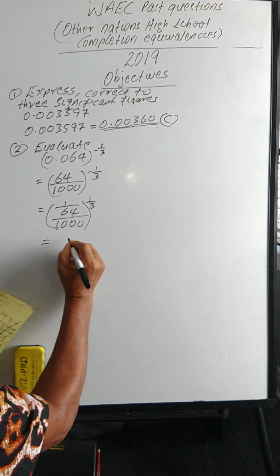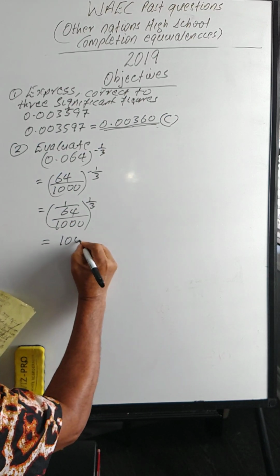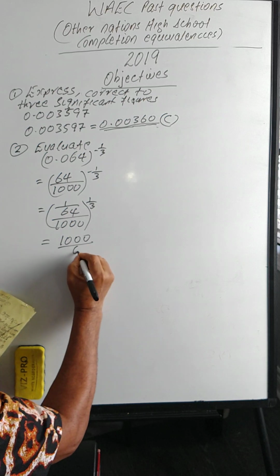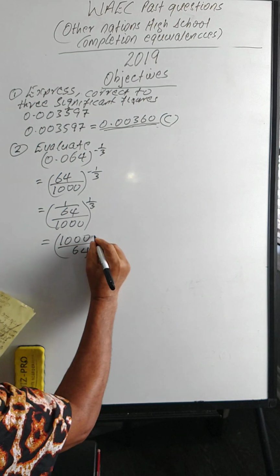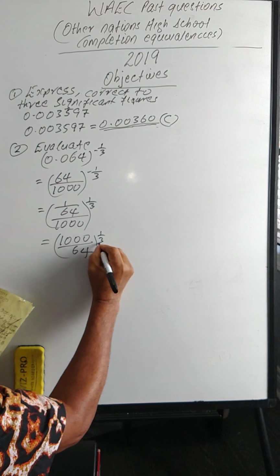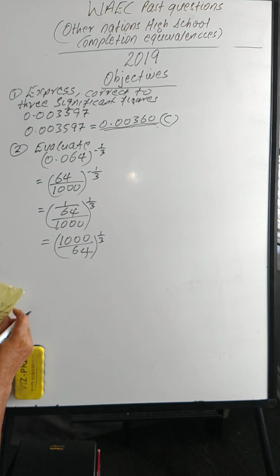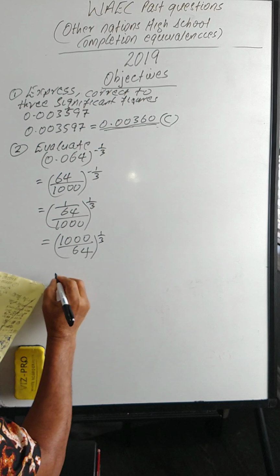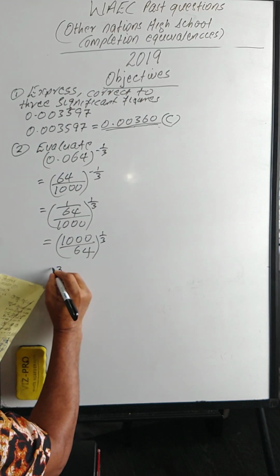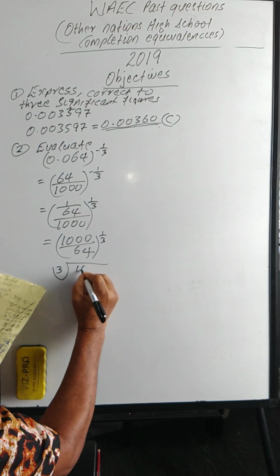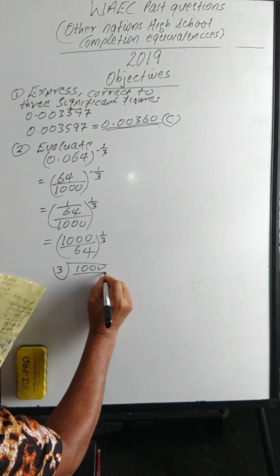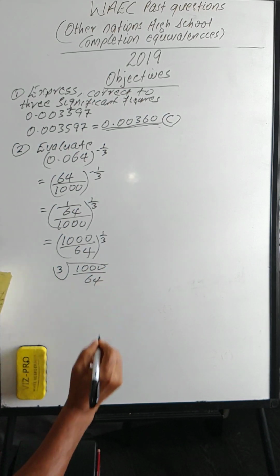So this is presenting as 1000 over 64 all raised to power 1/3. But remember, this is presenting as the cube root of 1000 over 64.